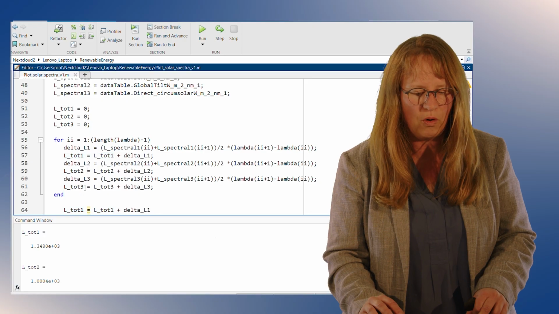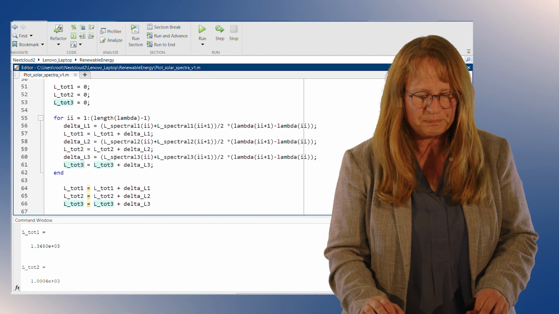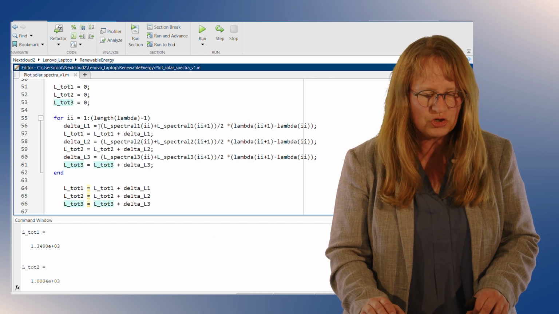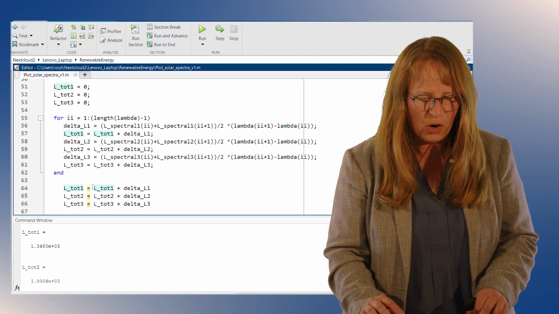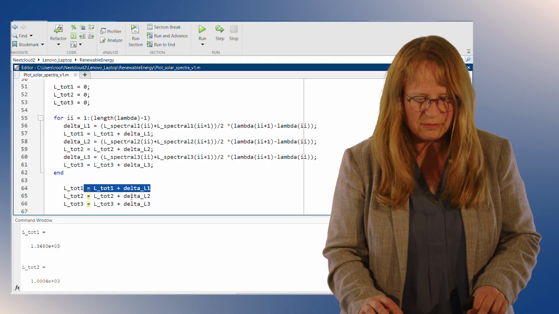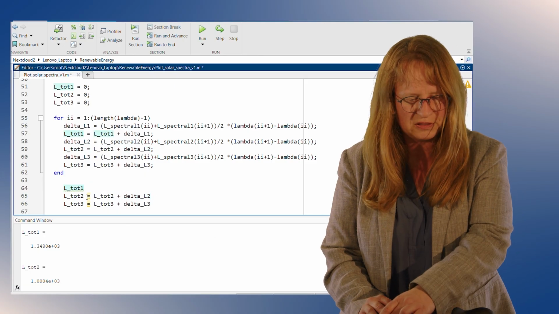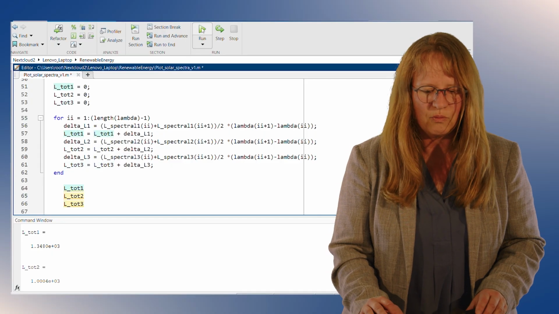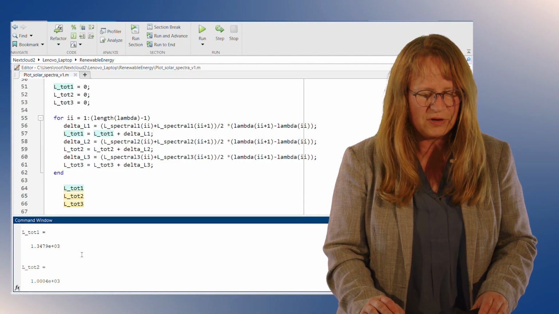And this I do for all 3 spectra, and therefore at the end I have my total values, and this I can then output. I will just do the output here, so I remove this, okay, remove that, I run the total script, and I get here in the command window the results.